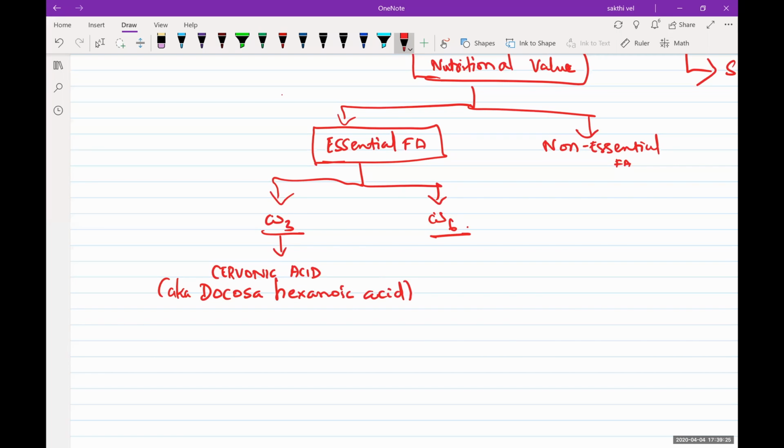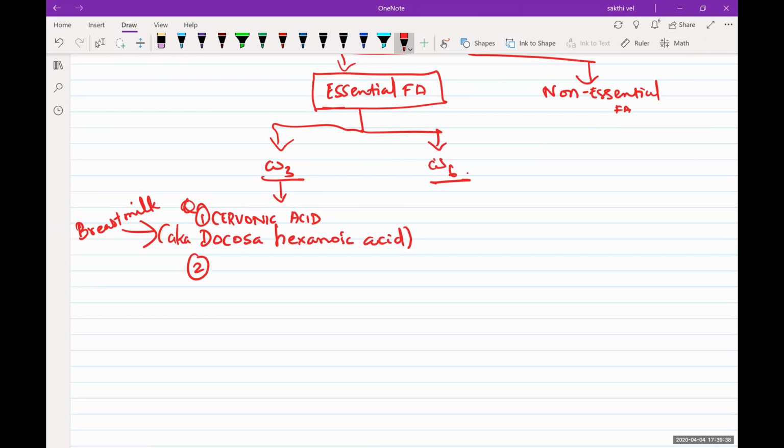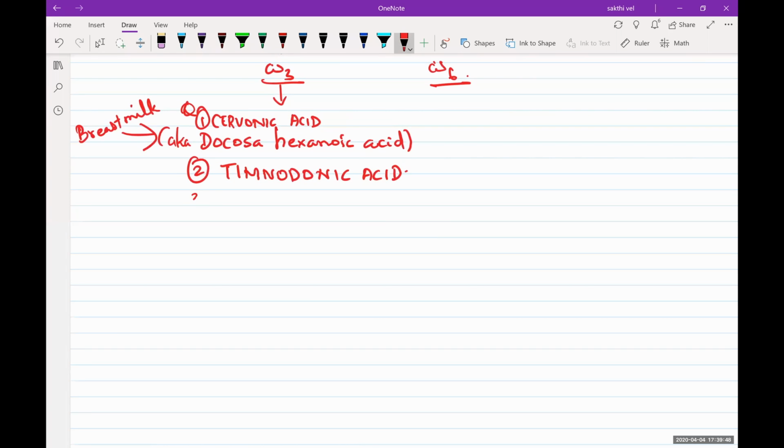This docosahexaenoic acid is present in breast milk. Very, very important MCQ. Number 2 is timnodonic acid. And number 3 is alpha linolenic acid.